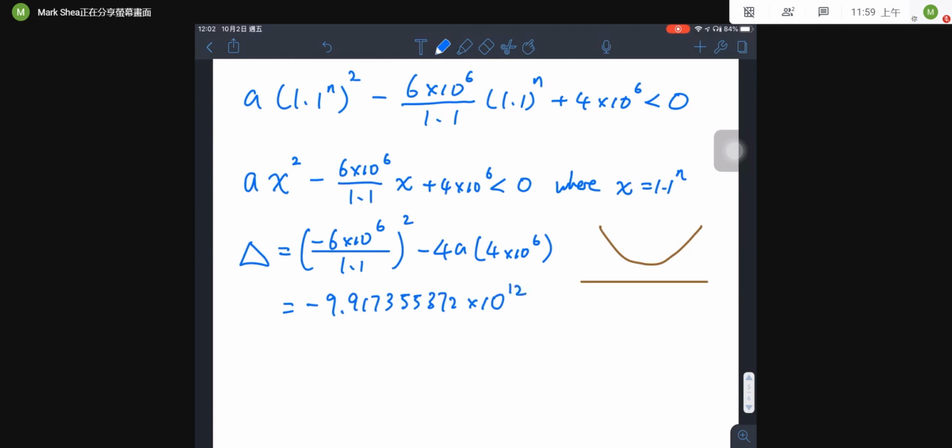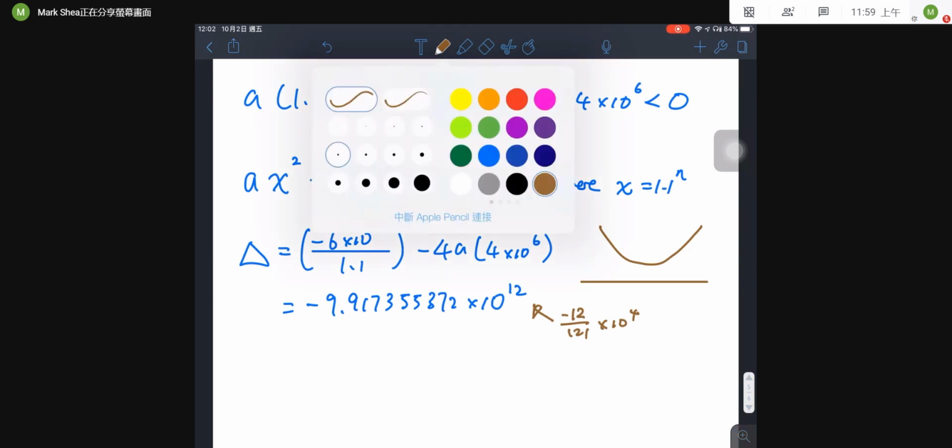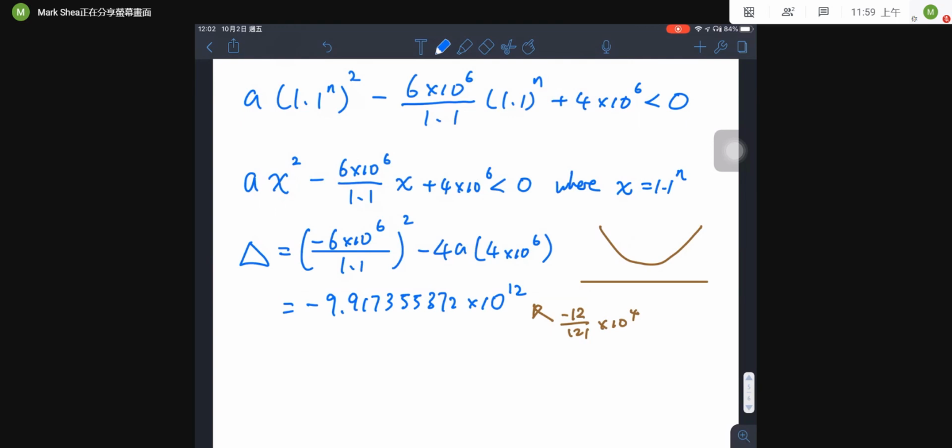If you use the exact value, the fraction of a, actually this one is given by negative 12 over 121 times 10 to the power 4. No matter what method you use, the exact value as a fraction or the value from the calculator, you can have a conclusion that the delta is less than 0.